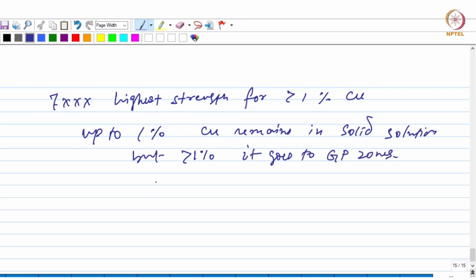It also increases the solvus temperature for the GP zones, which means that it provides a greater thermal resistance to the GP zones.